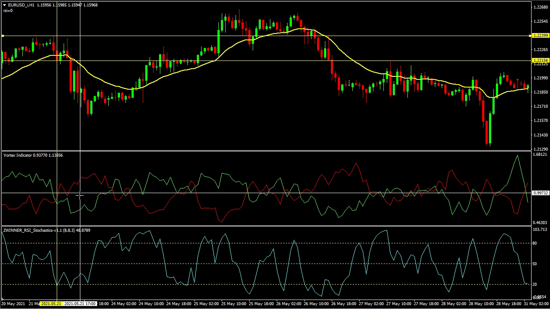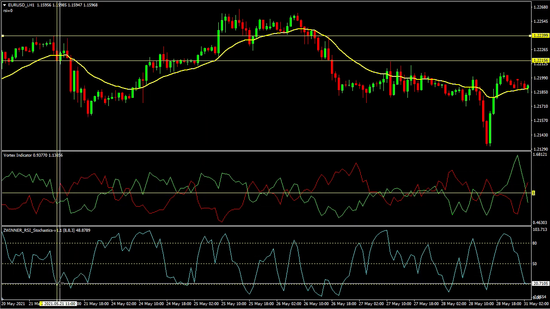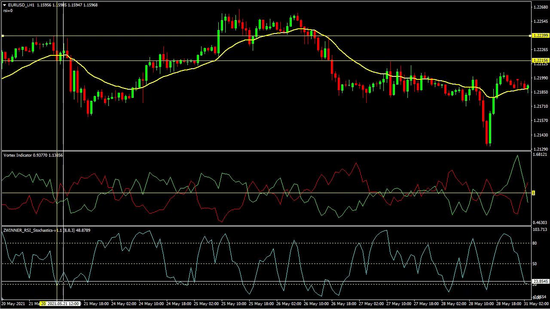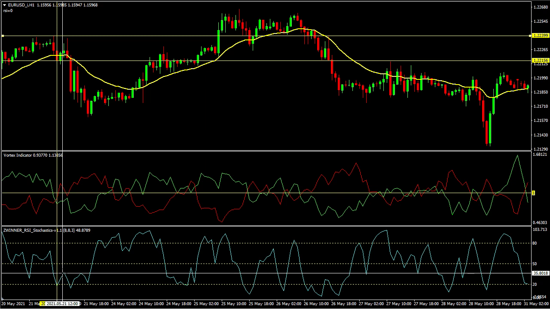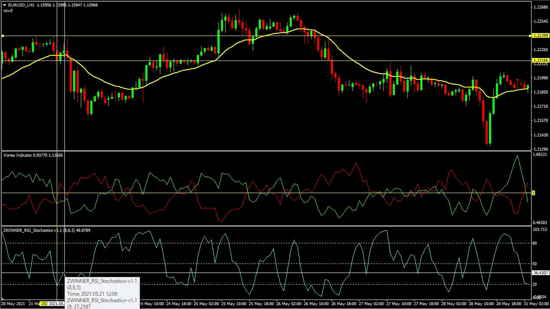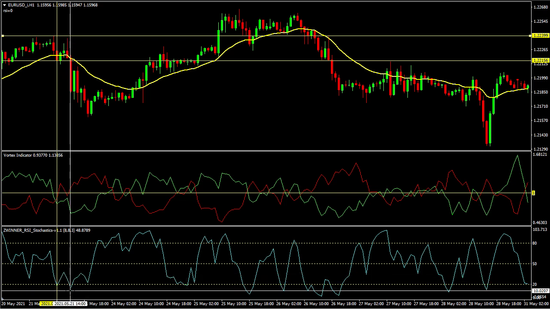But you keep looking at this Z-winner RSI stochastics. It is going up here, so this is telling you to get out, but it came back down.